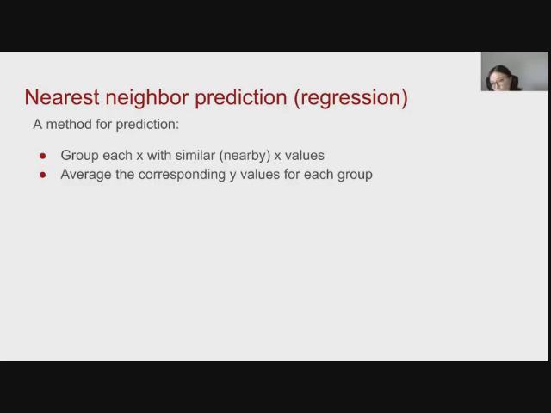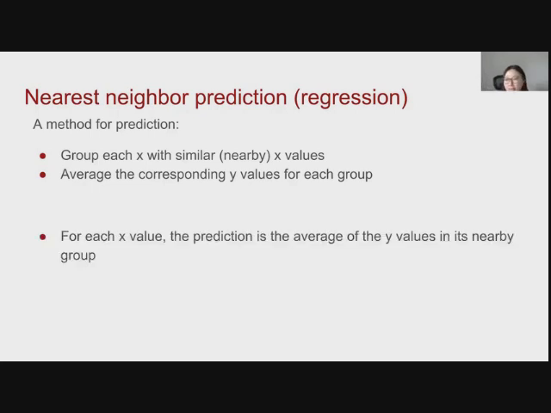Then we average the corresponding y values for each group, that is the children's height, the observed one. So we're using the predictor, the mid-parent height, to predict the outcome, the children's height. For each x value, the prediction is the average of the y values in its nearby group. And that's what we call the nearest neighbor prediction.